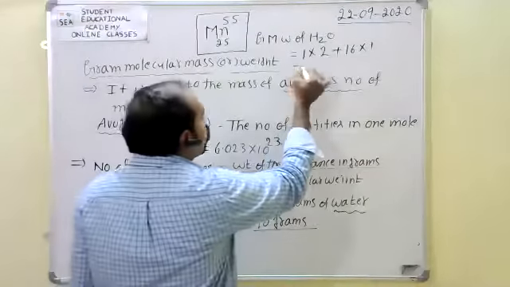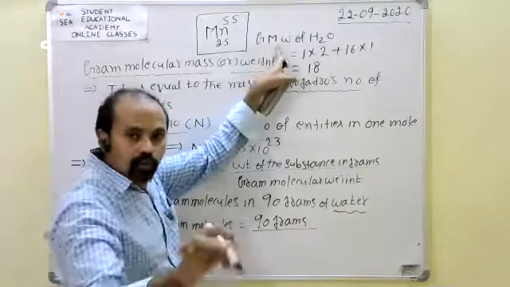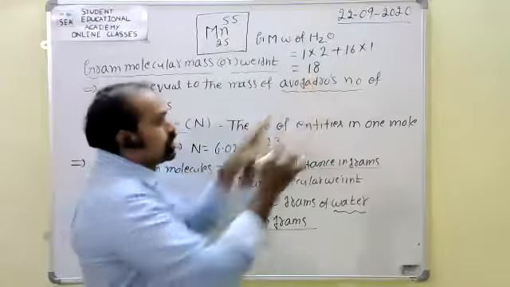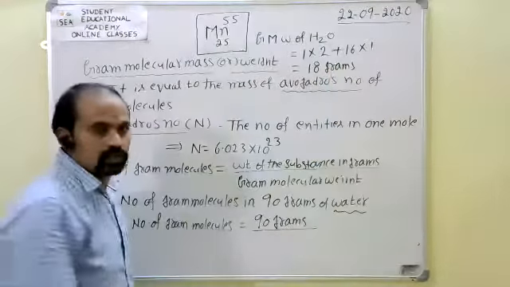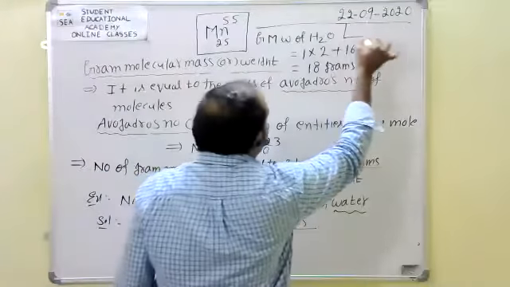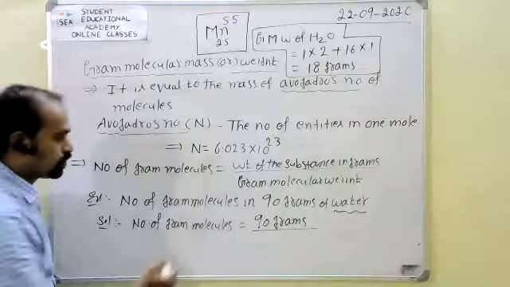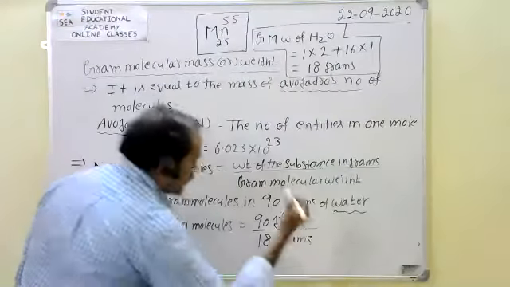Total is equal to 18. It is the gram molecular weight, and we take that weight in grams, so it is 18 grams. This is the gram molecular weight of water, 18 grams.